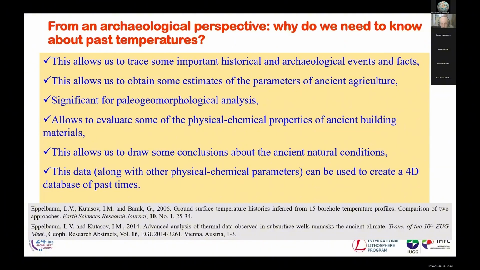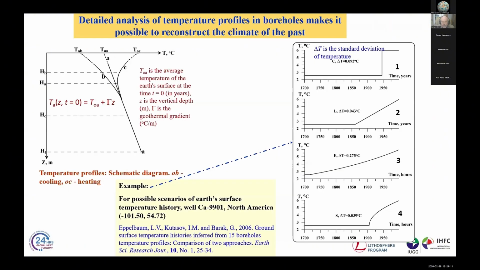This allows us to evaluate some physical chemical properties of ancient building materials. This allows us to draw some conclusions about the ancient natural conditions. This data, along with the physical chemical parameters, can be used to create a 4D database of past times.